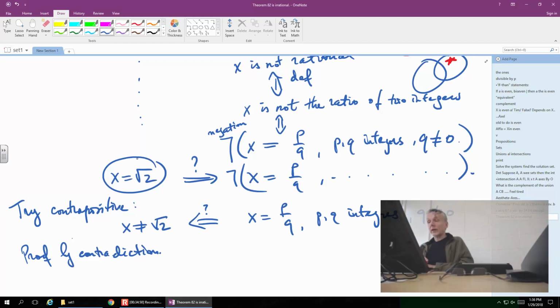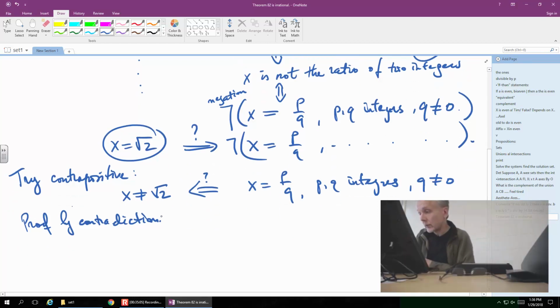So we need to demonstrate that if x, we started with a more complex thing, x is equal to p over q, then we want to show that x cannot possibly be equal to the square root of 2. Okay, so that's a proof by contradiction. Let me write it out.